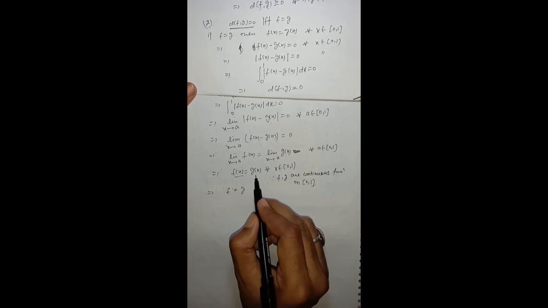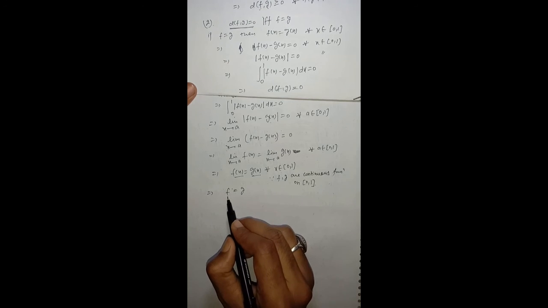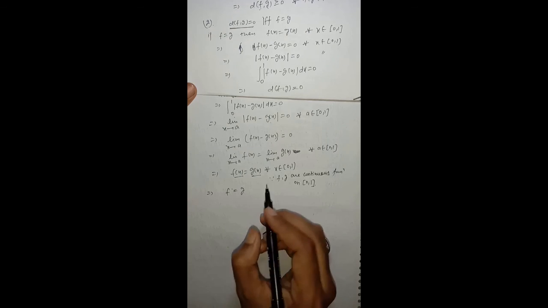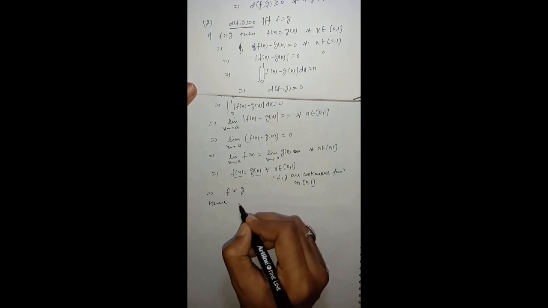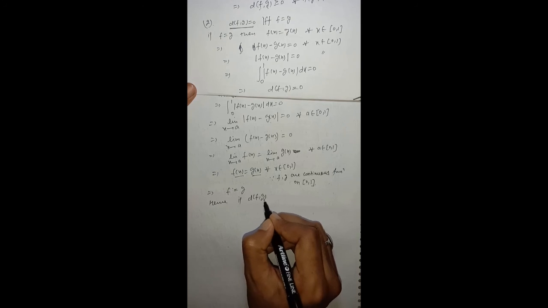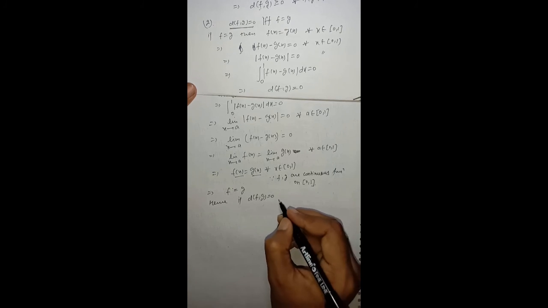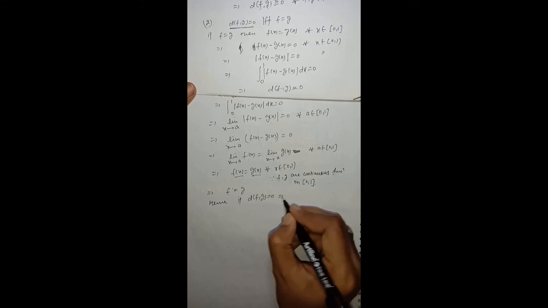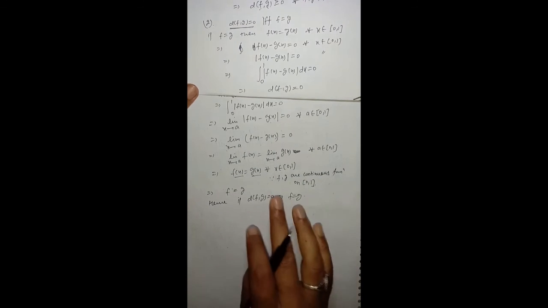If f(x) is equal to g(x) for all x, we can say that the functions are the same. Hence we have proved that if d(f, g) is equal to 0, this implies f is equal to g.